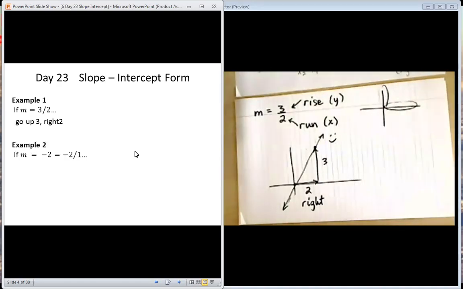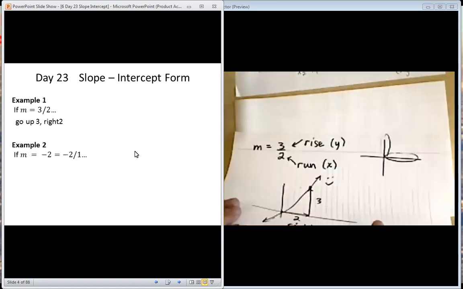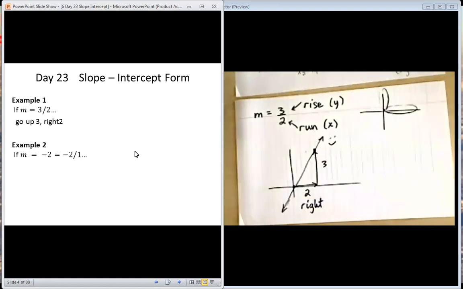Look at this one. So for this question, some from class mentioned the equation for this.